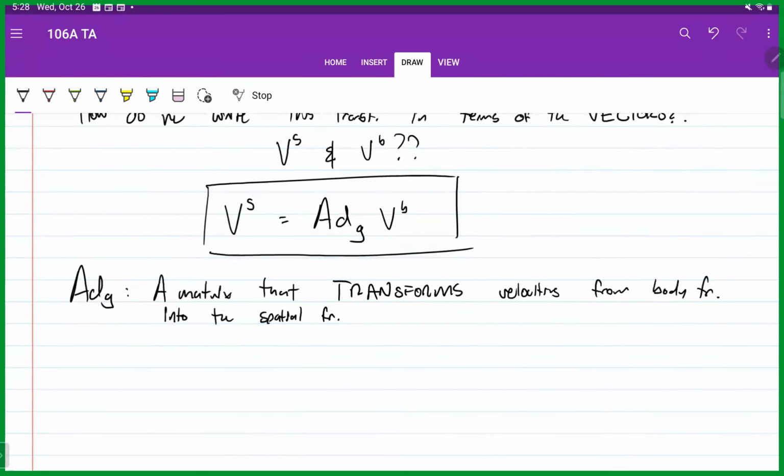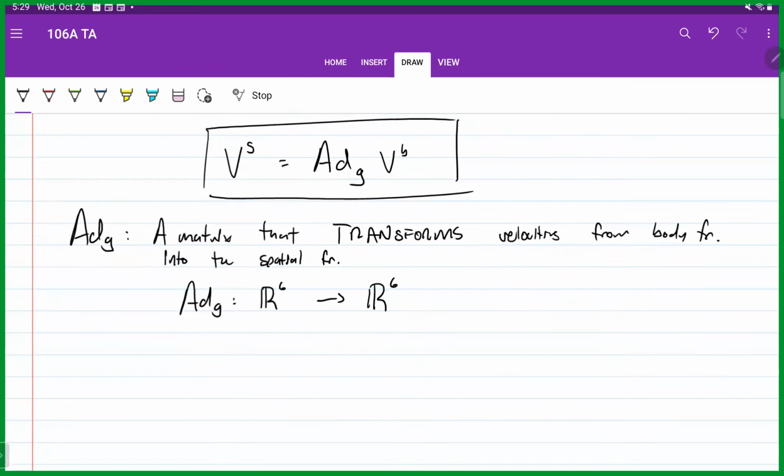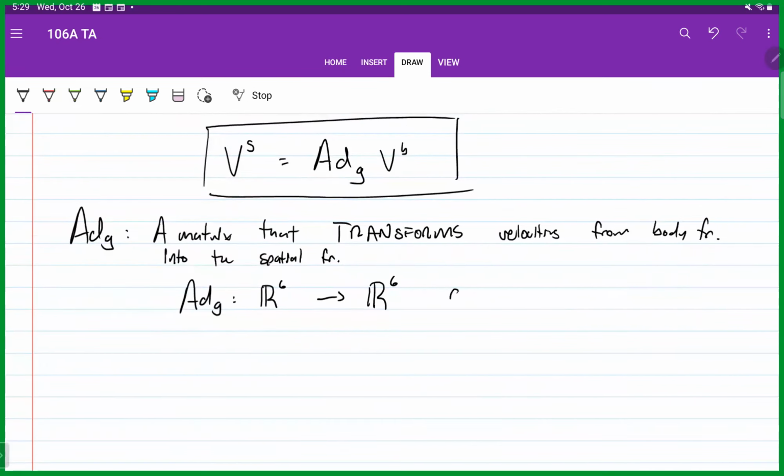Remember, in this case VB is a 6x1 vector and VS is a 6x1 vector. So the adjoint is a map from the space of all body velocities into the space of all spatial velocities. Because of this, the adjoint of G was a 6x6 matrix.